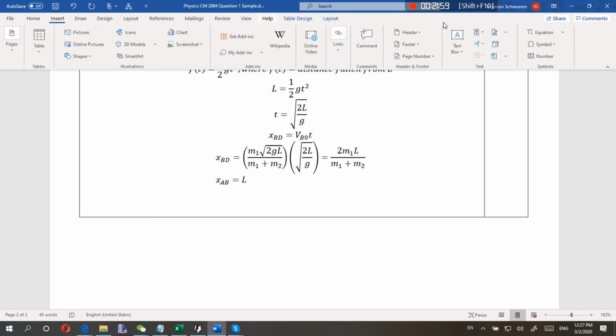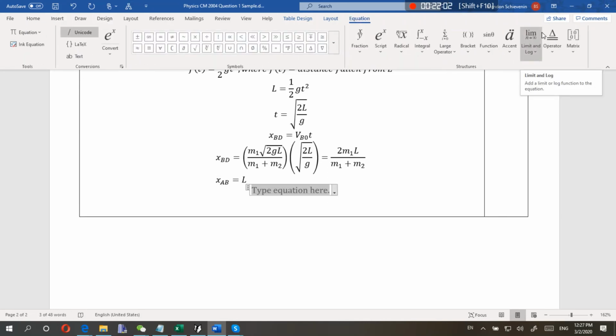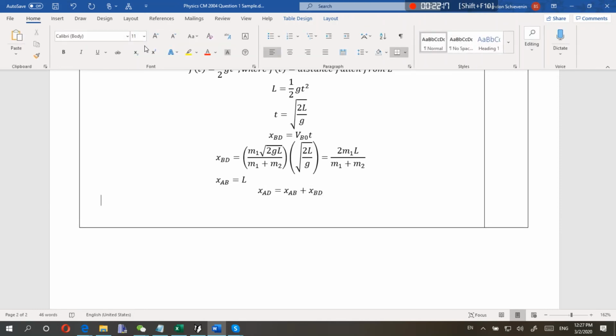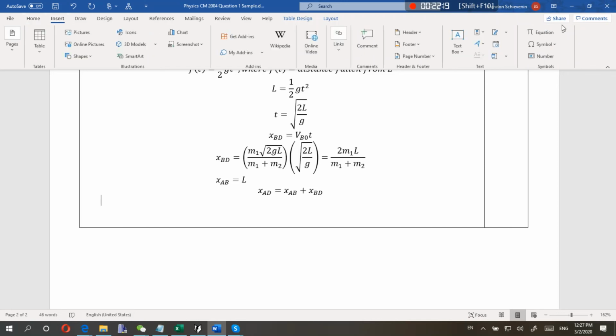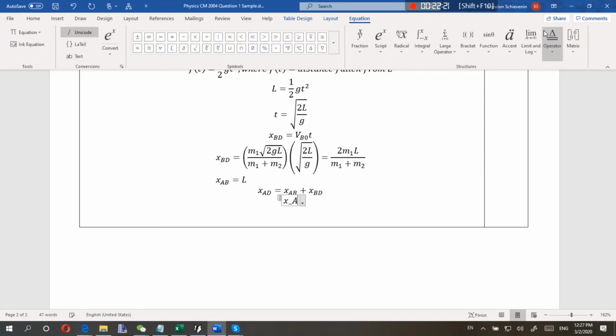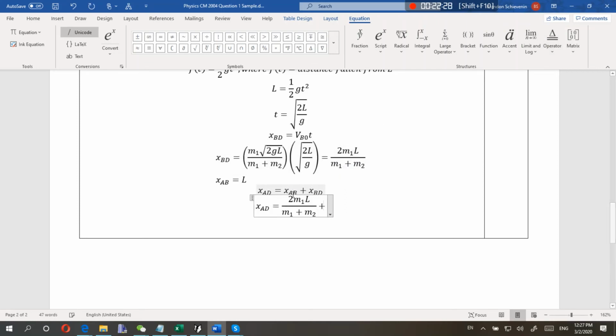And then we can add it to get our total displacement. So displacement from A to D is equal to displacement AB plus displacement BD, and we'll add them together. First displacement plus our second displacement of L.